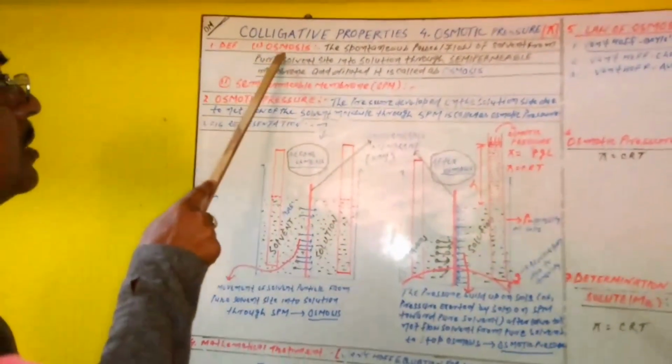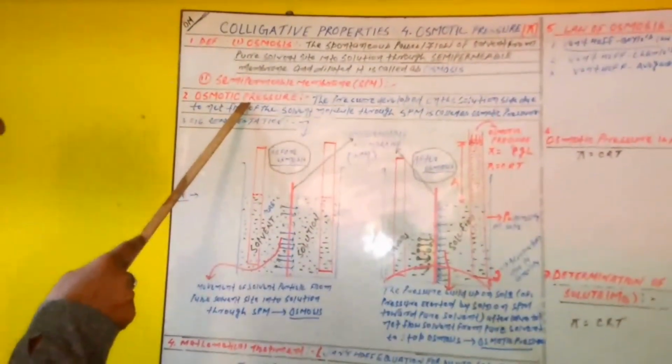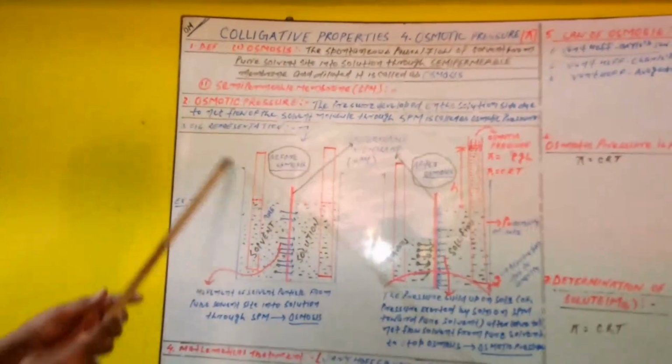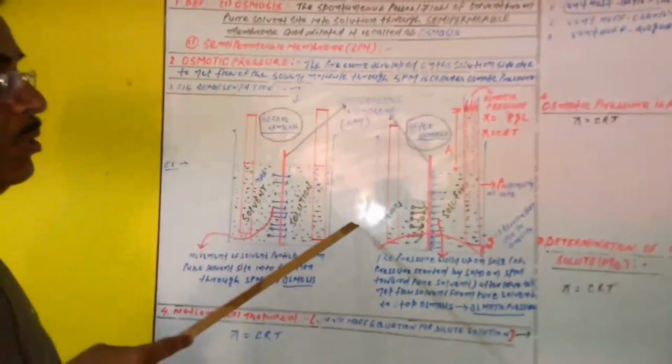In this heading we discuss osmosis, and one term must be introduced in that definition, semi-permeable membrane. Second, osmotic pressure, which is the colligative property. Third, the figure representation: how can we more easily understand osmosis and osmotic pressure? Then fourth, the mathematical treatment, which is actually the van't Hoff equation for dilute solution.